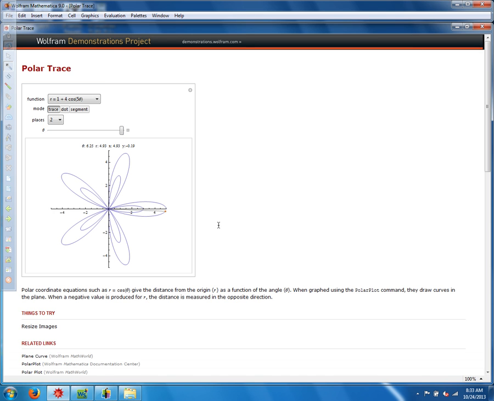And there's our graph. Isn't that a nice one? We get those petals inside the petals. Let's look at another one.